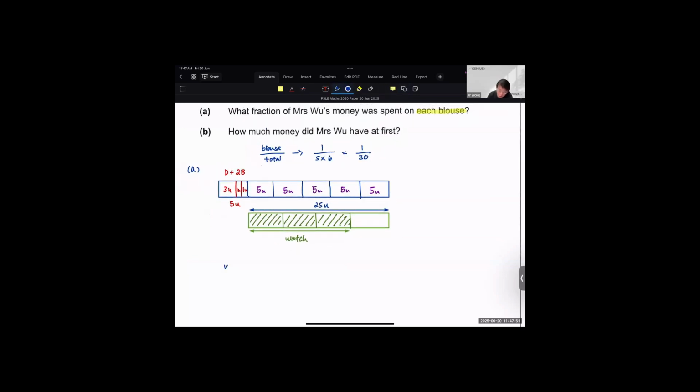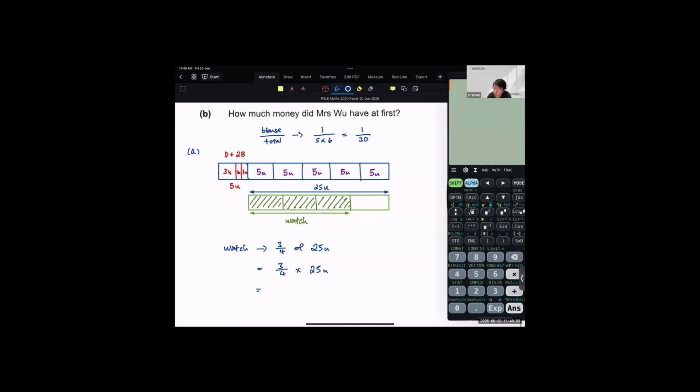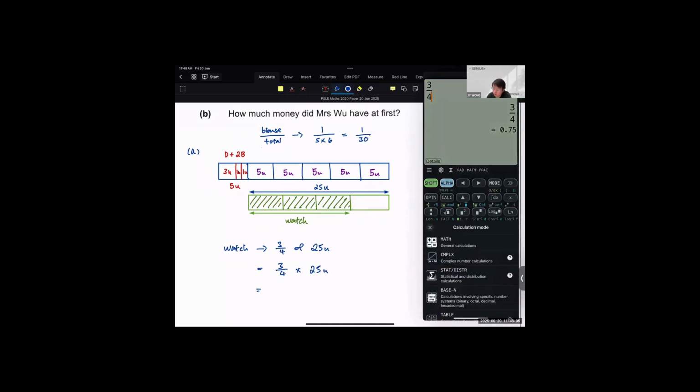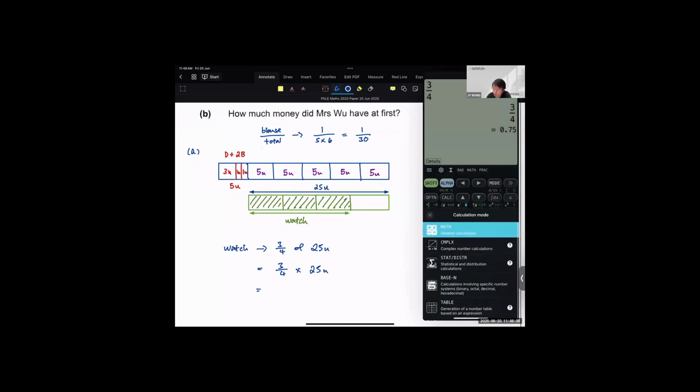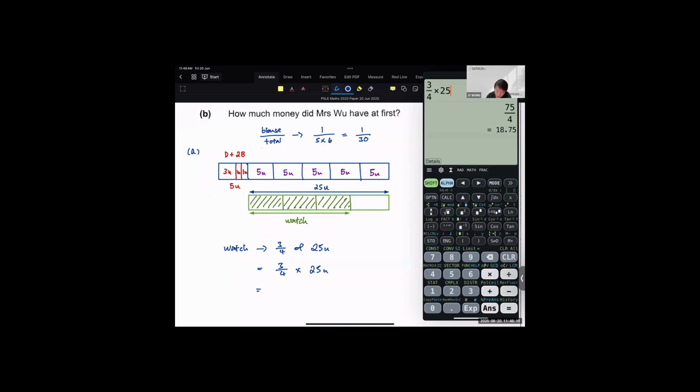And therefore, your watch is 3/4 of 25 units, which is equal to 3 out of 4 times 25U. It's a calculator question. No reason why you cannot just go and multiply it. You should know that "of" in this case means times. So your watch is 18.75 units.